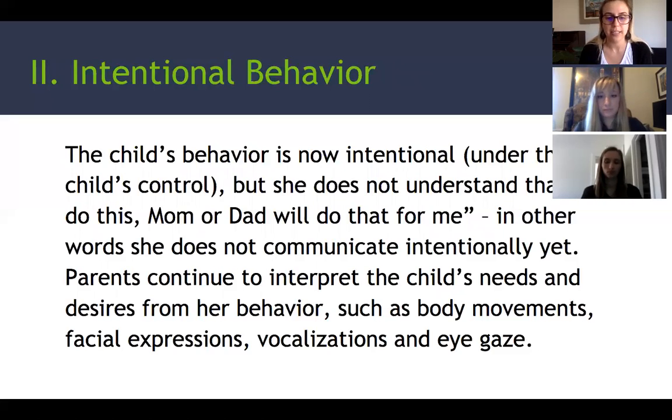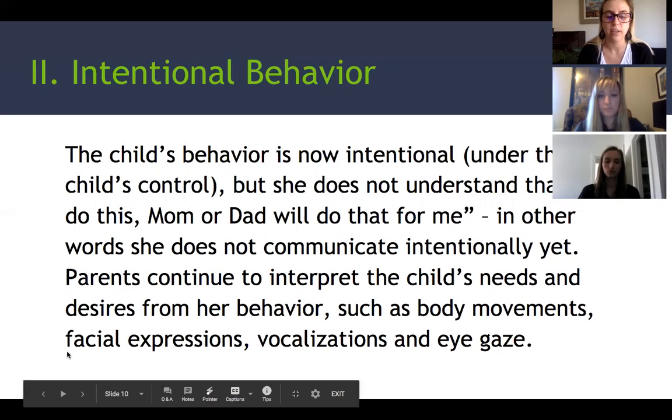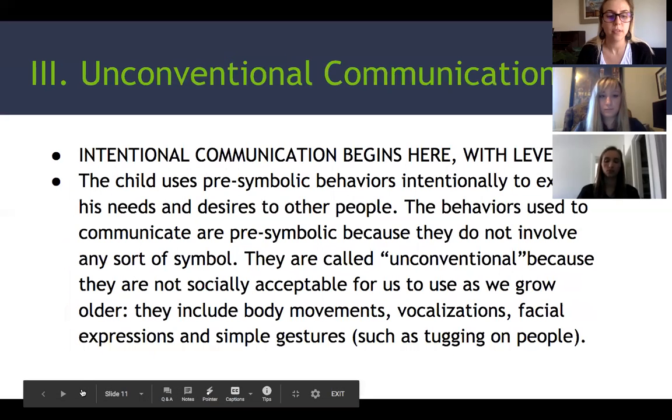So parents at this stage have to continue to interpret the child's needs and desires from their behavior, such as body movements, facial expressions, vocalizations, and eye gaze. But the important factor at this stage is that although they don't understand cause and effect yet, they do have control over their behaviors, which they don't at the initial stage.